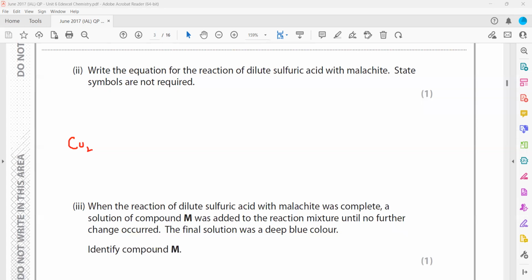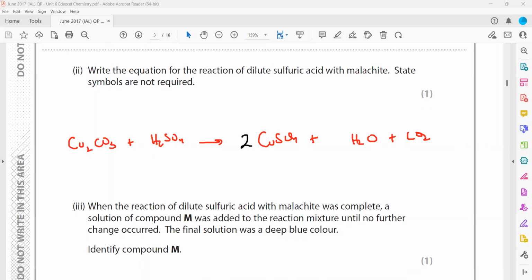So Cu2CO3(OH)2 plus sulfuric acid, H2SO4. Acid reacts with carbonate; like if it was nitric acid, copper nitrate would be there. With sulfuric acid, copper sulfate solution will be there. So CuSO4 plus water and carbon dioxide, CO2. Then balancing is there. Start balancing with oxygen, followed by hydrogen and then others.